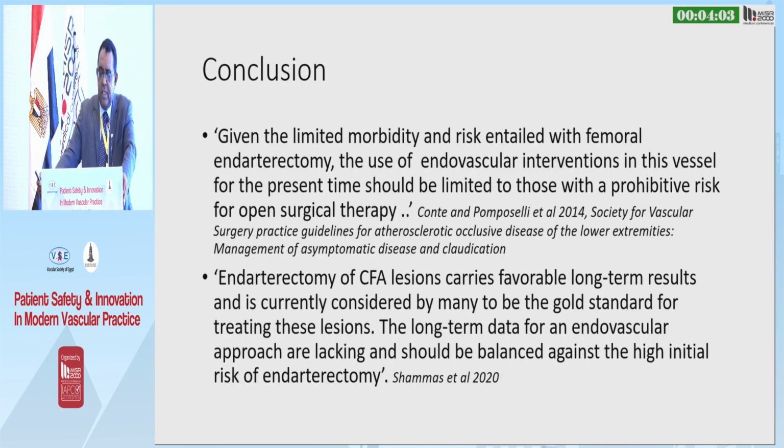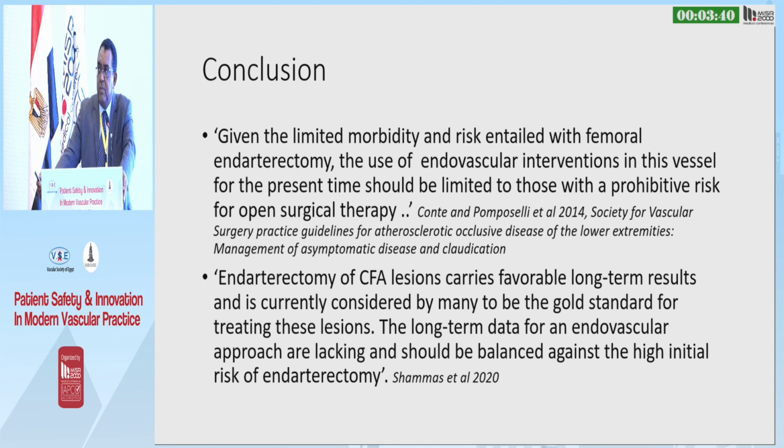So having looked at all the registries and the evidence, the Society for Vascular Surgery guidance, although quite old, 8 years old, is that at the moment endarterectomy is probably the way to go, except in those patients who have a prohibitive risk of open surgery.